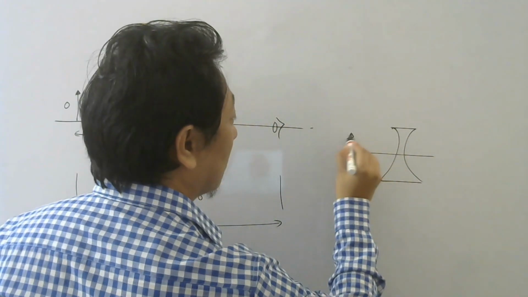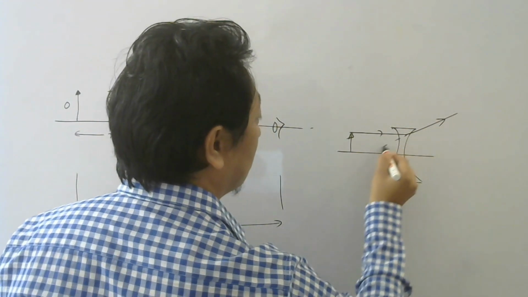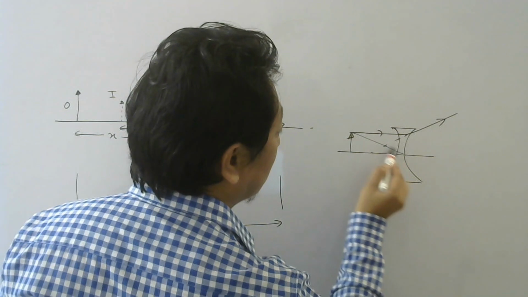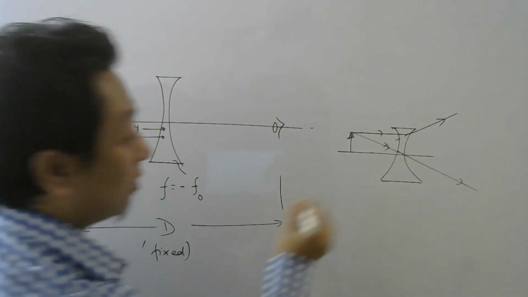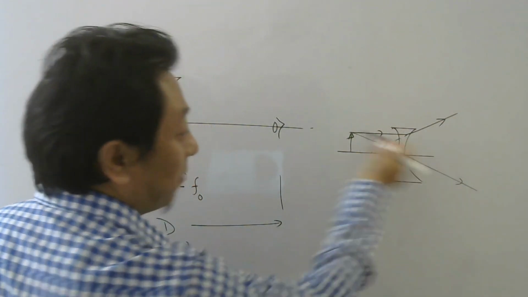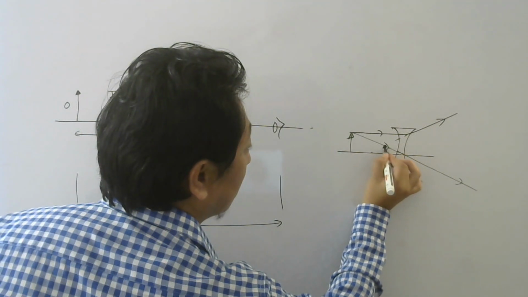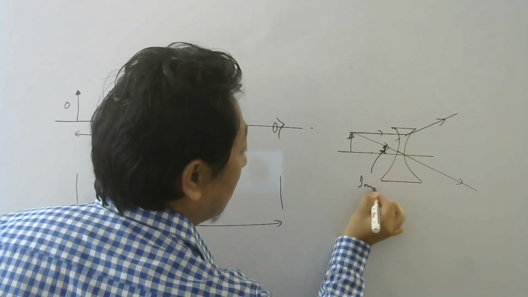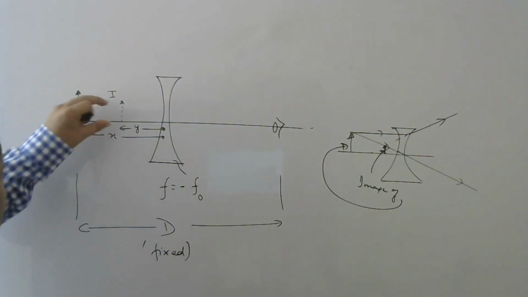This ray parallel to the principal axis will appear to diverge from the focus and the ray that passes through the optic center will go straight. So these two divergent rays will meet at this point when you extend backwards and therefore this will be your virtual image. So that's how I made this diagram.